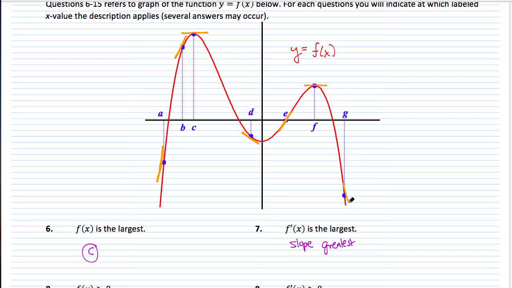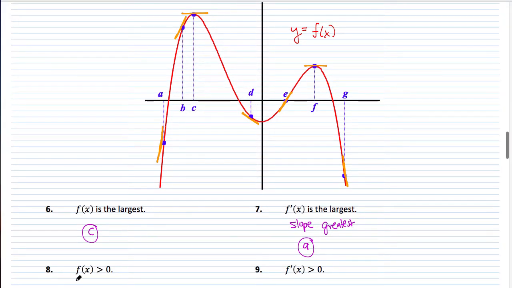And so now we have all of our tangent lines. Let me do a little better with the G. So when we want to know when the slope is the greatest, the most positive slope is going to be right here at A. This is when our line is the steepest. So that'll be when f prime of x is the largest.